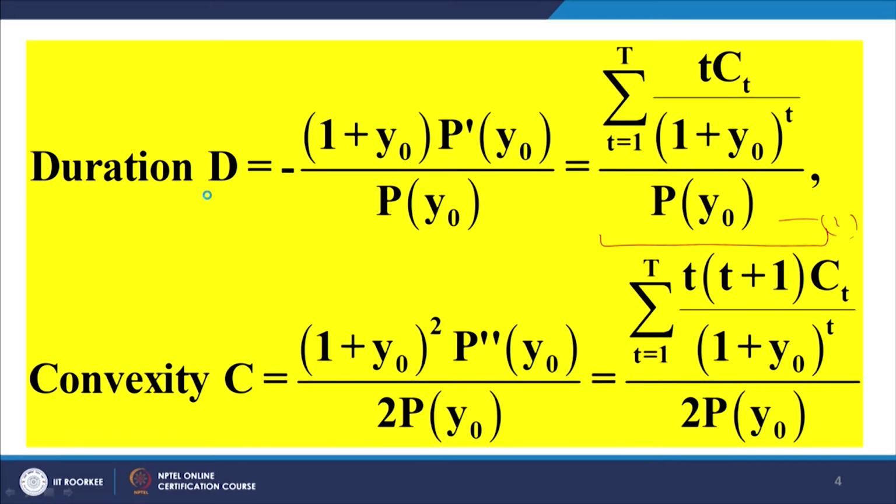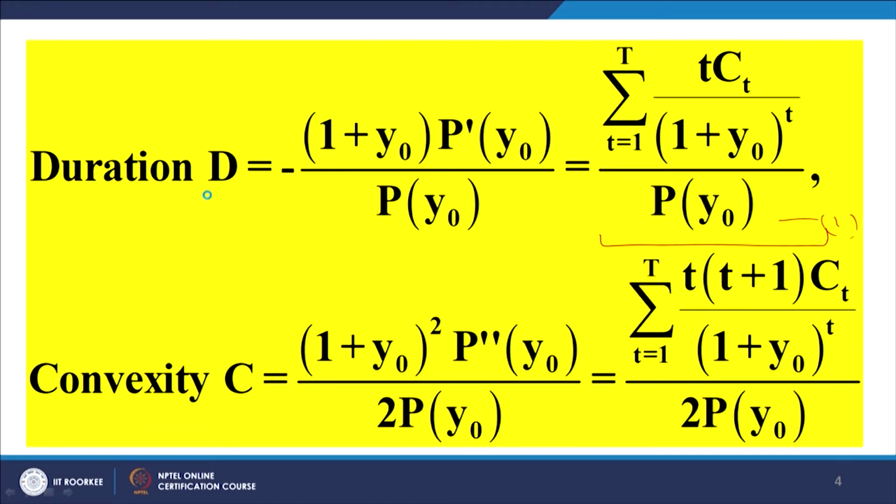So, let me repeat what we have done here. We have introduced two new terms, one called the duration and the other called the convexity, by the expressions that are given adjoining those two terms. D is equal to minus 1 plus y0 P dash y0 divided by P y0, and C is equal to 1 plus y0 square P double dash y0 upon 2 P y0.